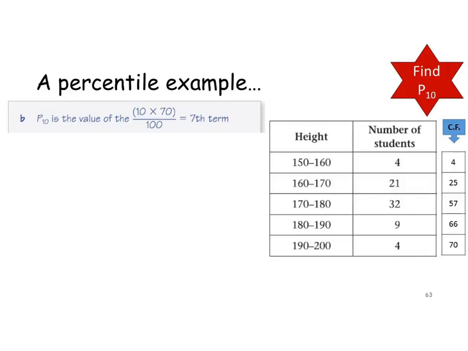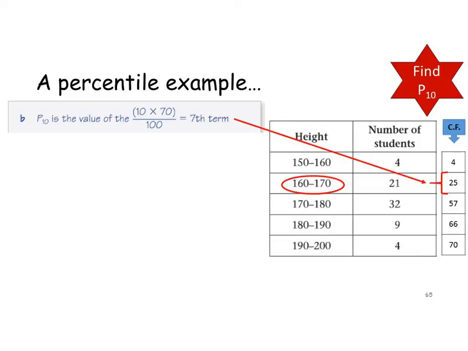Next part, find P10. Exactly the same process. We know that n is 70. We're interested in P10, so we need to do 10 over 100 times 70, which gives us the 7th term. But where is that? It's in the second row between the 5th and the 25th position, and that corresponds to the class of 160 to 170.